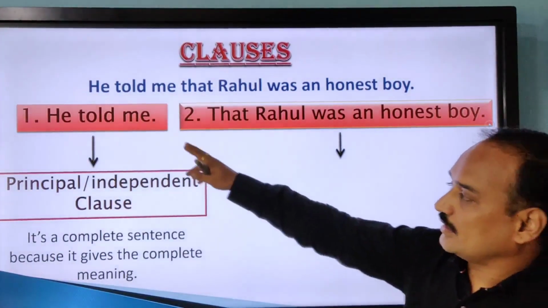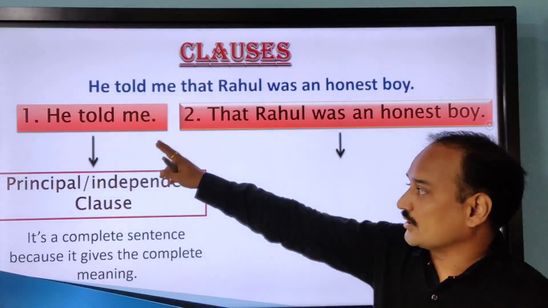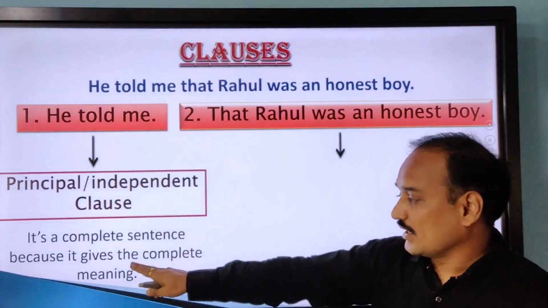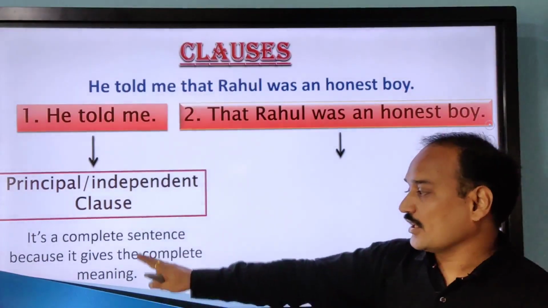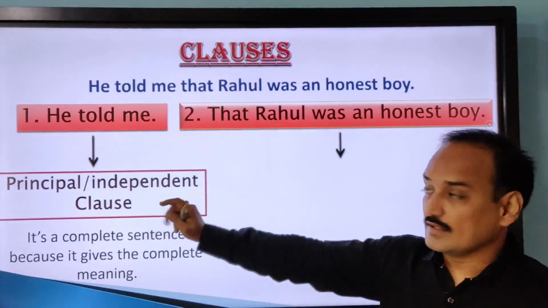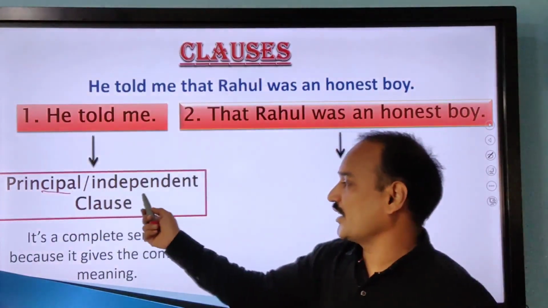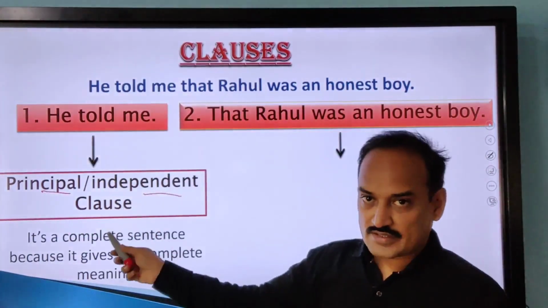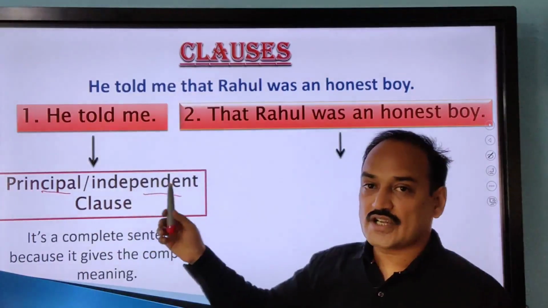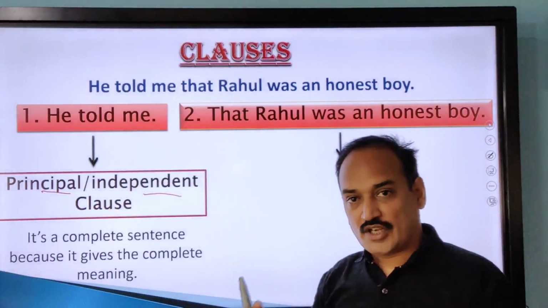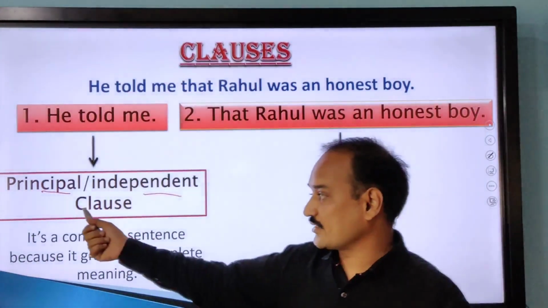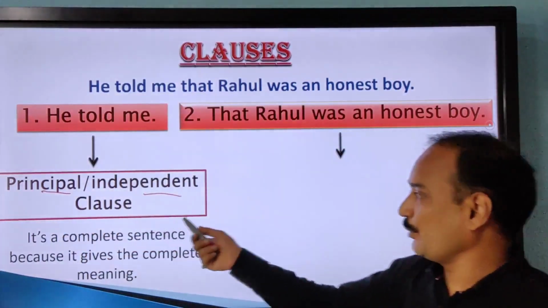So when the main clause has complete meaning, though it is single, and still gives meaning, it is called a principal clause or independent clause. It does not have to depend on anyone, it is independent or main.